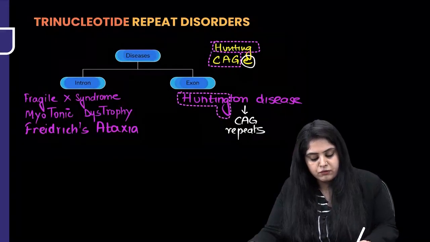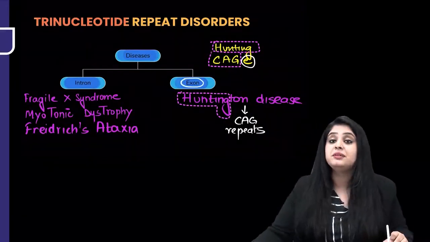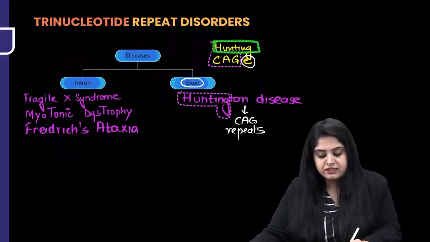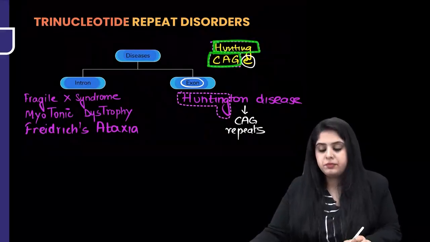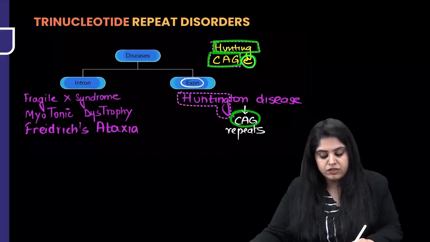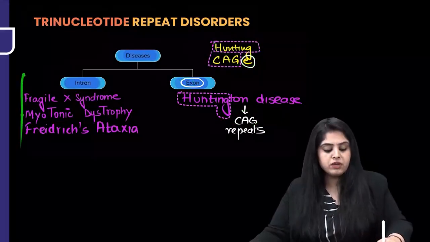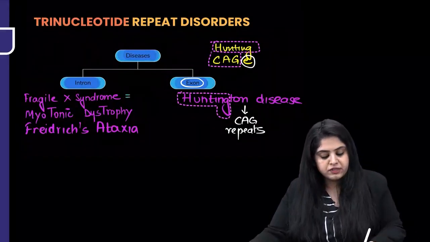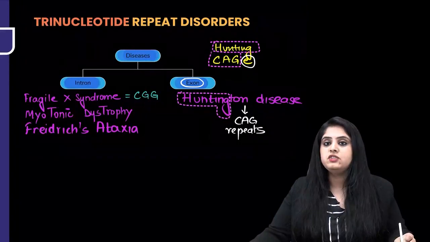Hunting in a CAG, so that is going to be in the exon. Easy, right? Huntington disease shows CAG repeats, and that too in the exon region. Done. The rest all come under introns. Easy. For Fragile X syndrome, the repeats are CGG.